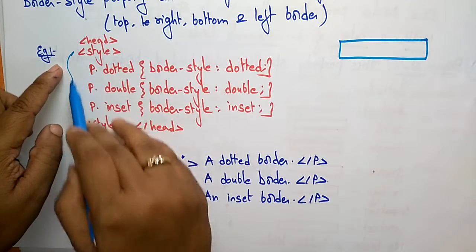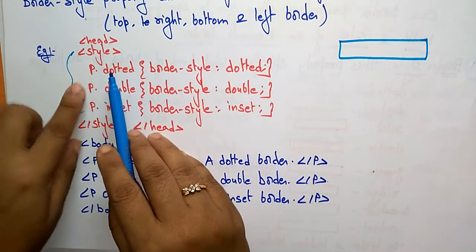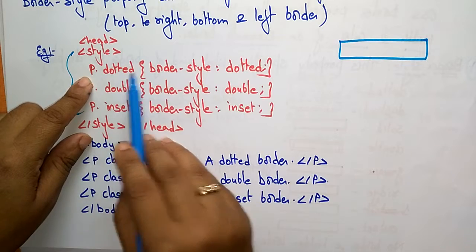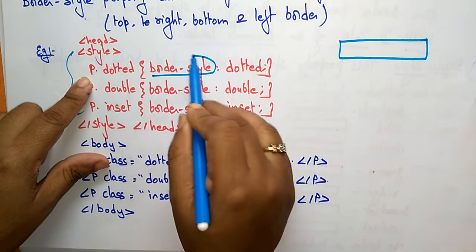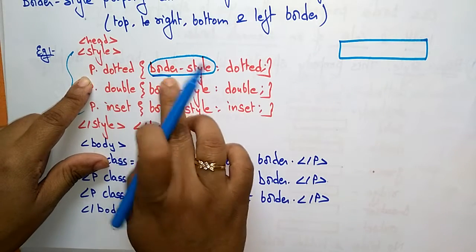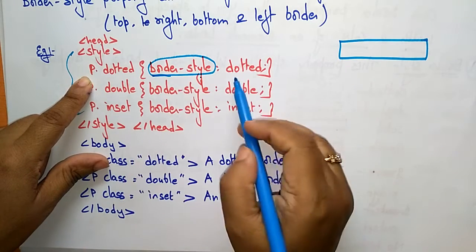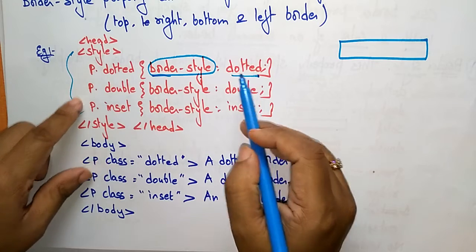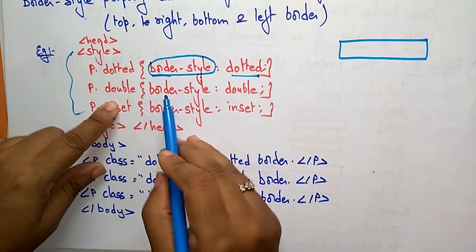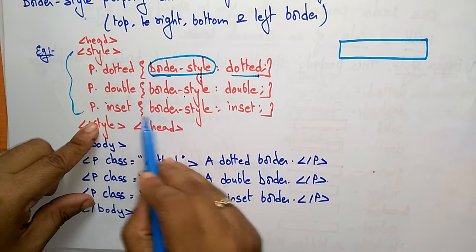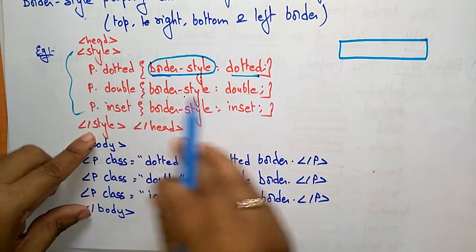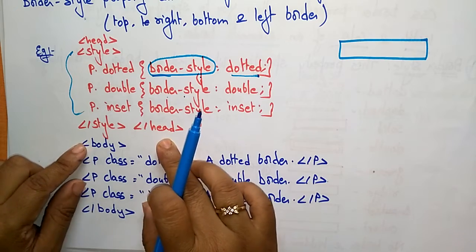So in the head section, head, style, I'm just calling p dotted. The border style, so this is the property you are going to write. Border style, I'm taking as a value dotted. P dot double, the border style is double. P dot inset, the border style is inset. And close the style tag and close the head tag.